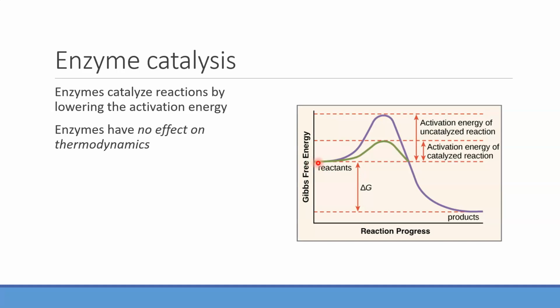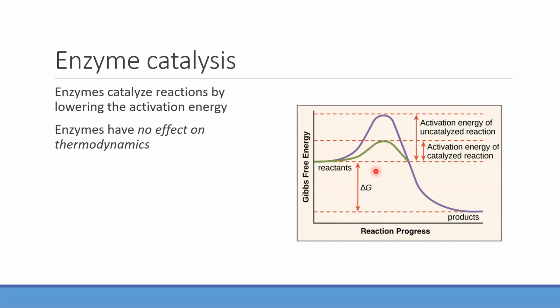So in this scenario, our reactants have a higher energy than our products. So the delta G for this is negative, right? Our reactants and our products are here, and this is delta G, but you could graph this as delta H. I don't know what the actual delta H is for this example reaction, but you could use delta H instead of delta G. And we see that this is a thermodynamically favorable reaction, right?